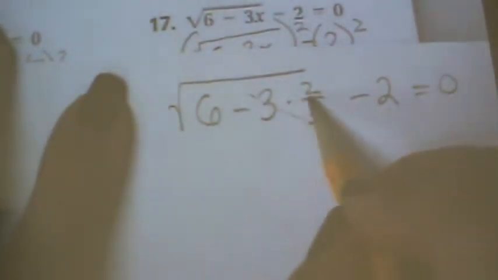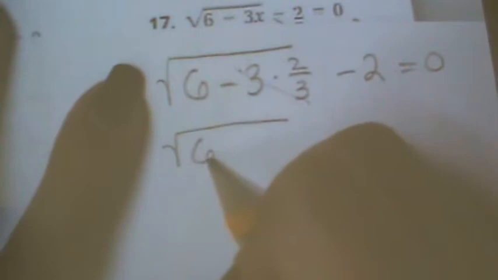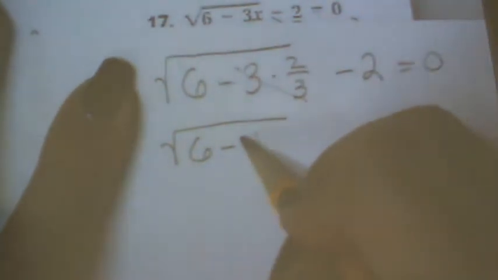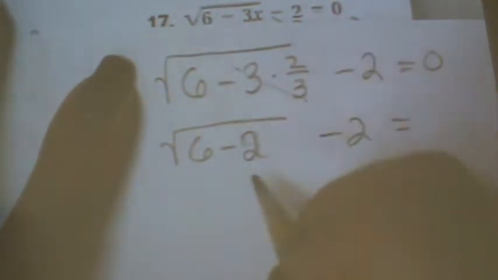So you have 6 minus 2, which is 4. What's the square root of 4? 2. What's 2 minus 2? 0. Does 0 equal 0? Yes, it does.